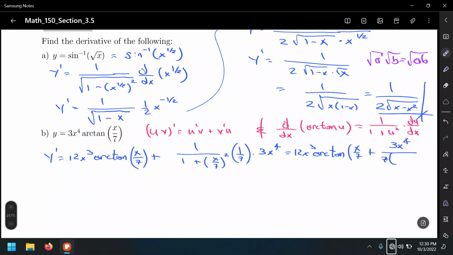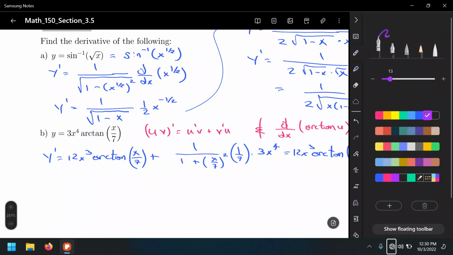This 7 right here is this 7 in the denominator multiplying 1 plus x squared over 49. Be careful because this power 2 will affect both the x in the numerator and the 7 in the denominator, and that's by the laws of exponents.